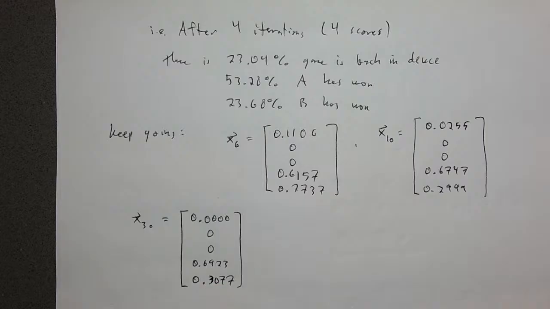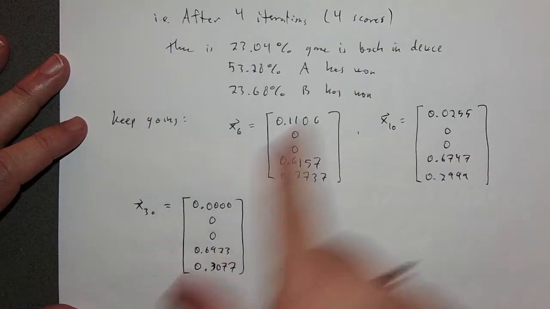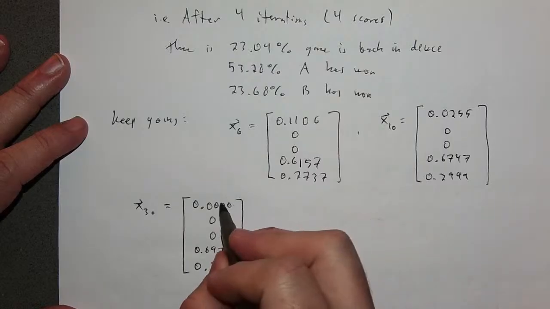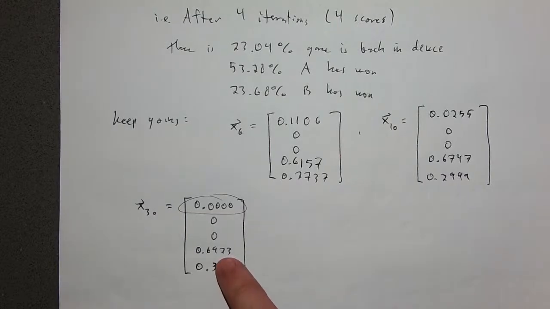So after 30 iterations, that is 30 scores, there is a nearly 0% chance that the game is still going on in deuce. There's a 69.23% chance that A has won and a 30.77% chance that B has won.